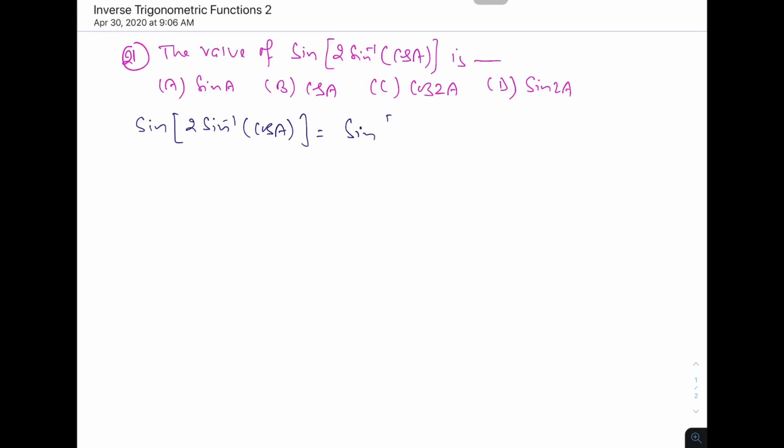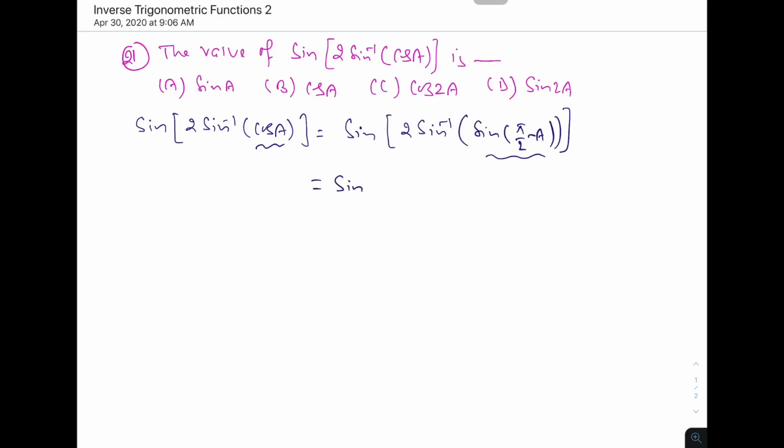Sine of 2 sine inverse, and this cosine A is in terms of sine. So that is a sine of pi by 2 minus A. Sine of pi by 2 minus A is cosine A.